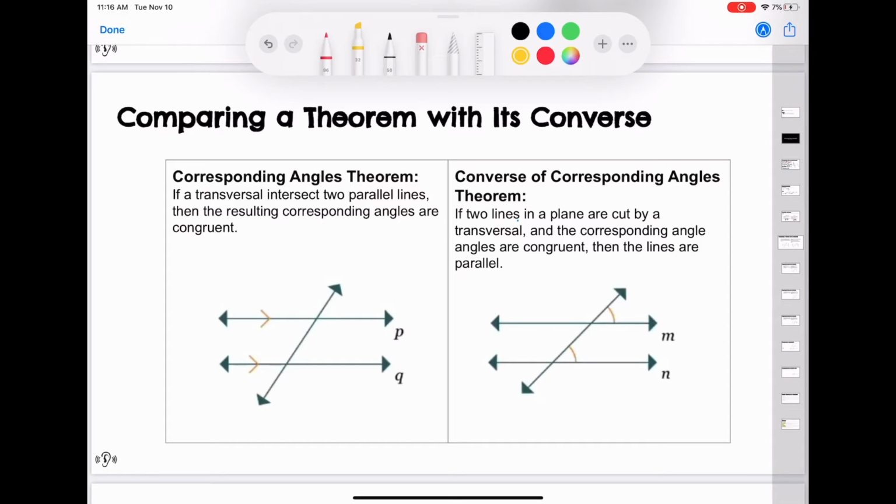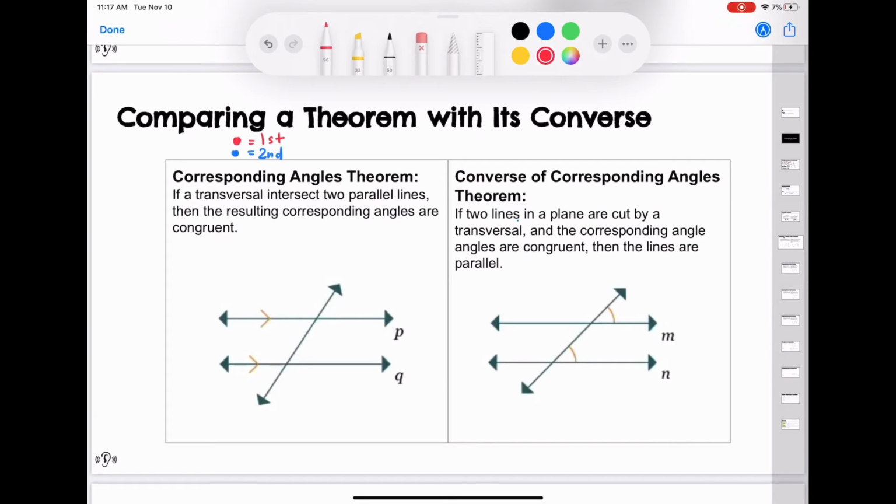For example, our corresponding angles theorem states, if a transversal intersects two parallel lines, then the resulting corresponding angles are congruent. I'm going to mark everything that happens first in red and what results in blue so that it's easier for you to see.